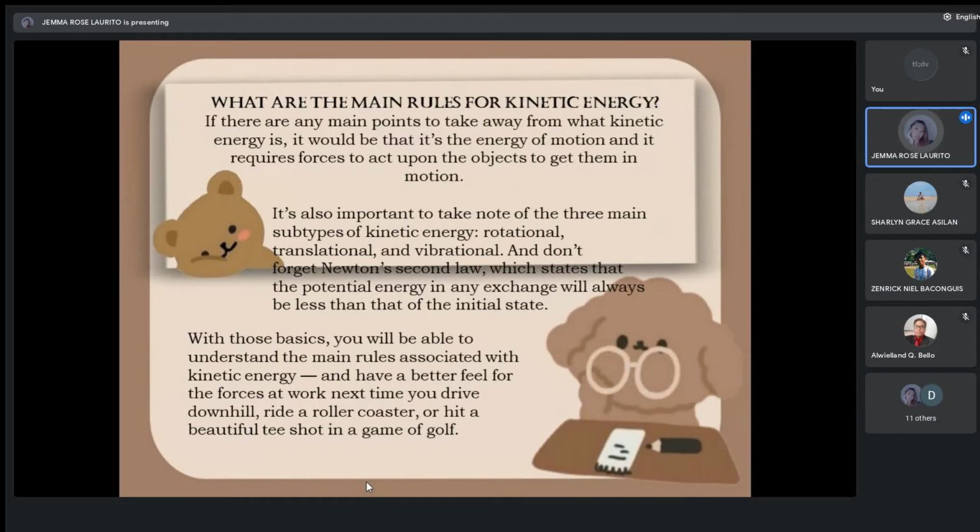And don't forget Newton's second law, which states that potential energy in any exchange will always be less than that of the initial state. With those basics, you will be able to understand the main rules associated with kinetic energy and have a better feel for the force at work next time you drive downhill, ride a roller coaster, or hit a beautiful tee shot in a game of golf.